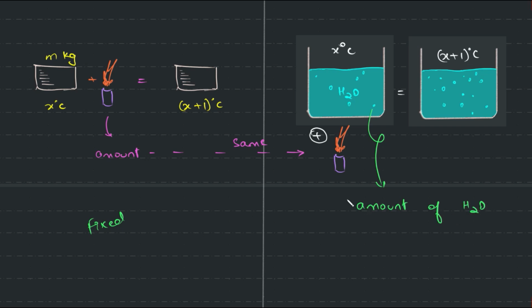So I have the control of this. I can manipulate the amount of water, see to it that for this particular amount of heat, I'll be able to raise the temperature from x degree Celsius to x plus 1 degree Celsius. So this amount of water is what is called water equivalent. The name is a bit weird for me also, because it's random, water equivalent.